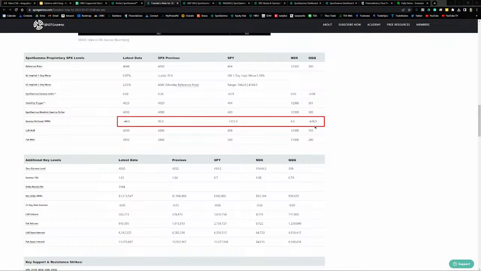And then for QQQ, gamma notional was minus 437 yesterday and shifted to slightly less negative, minus 428. So this is market makers' position on the gamma curve at the beginning of the day.